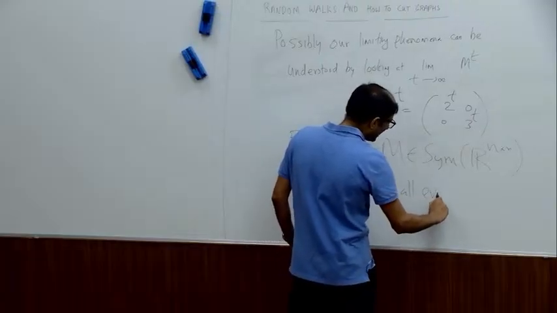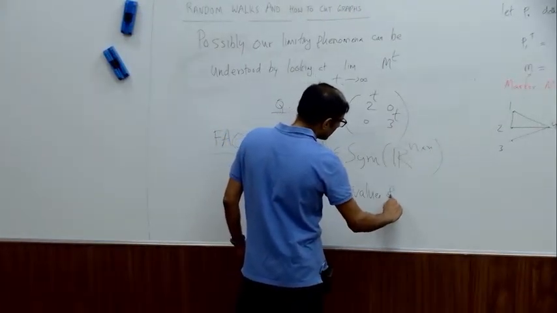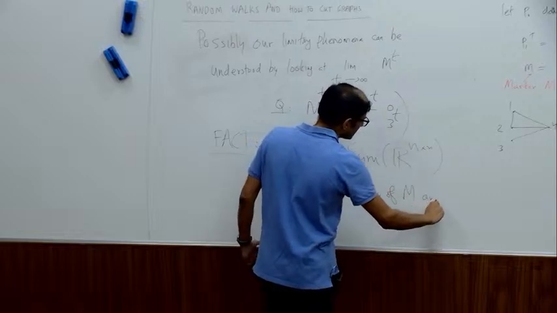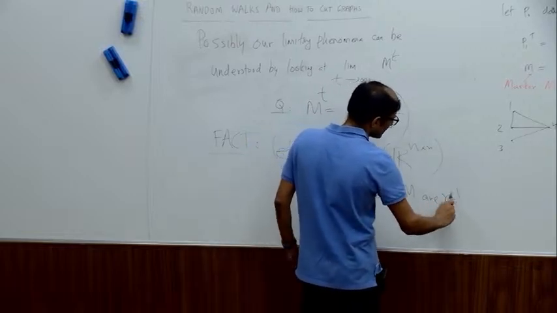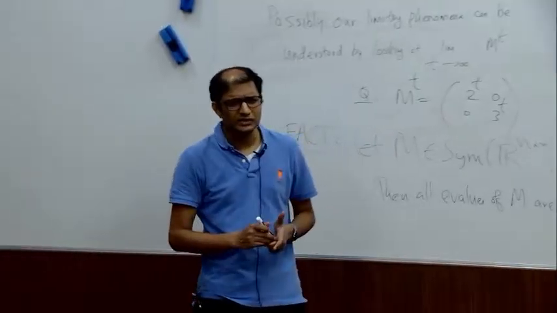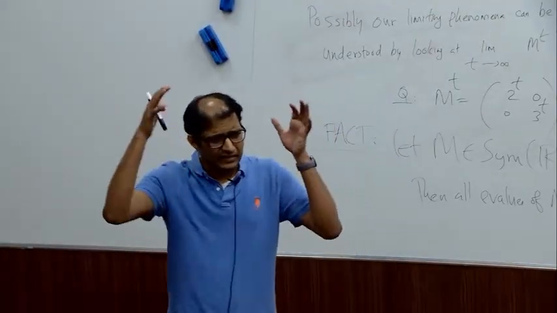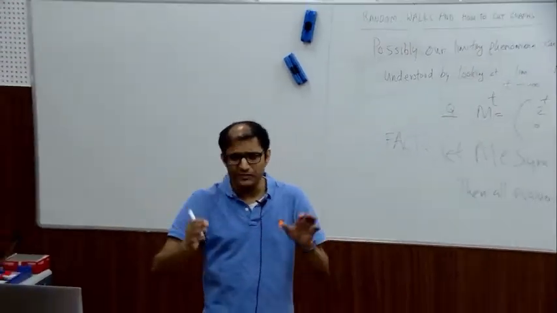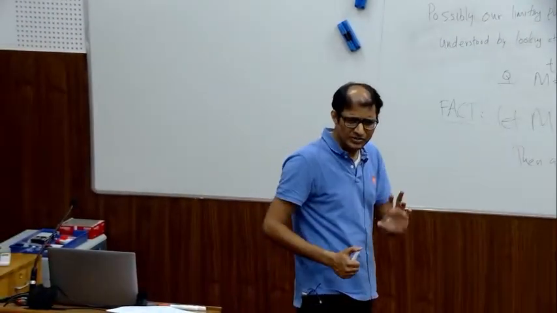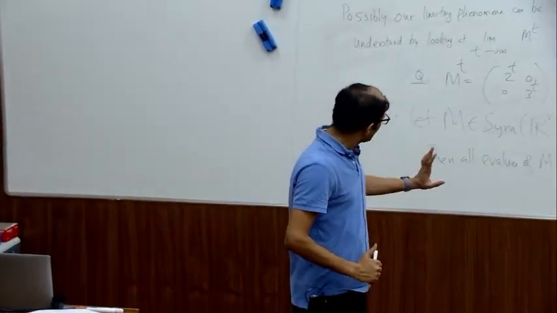All eigenvalues of M are real. There is a much richer theorem that you could state, that it has an entire collection of eigenvectors, and M could be written in the form U sigma U transposed. Okay, so I'm going to assume that fact.